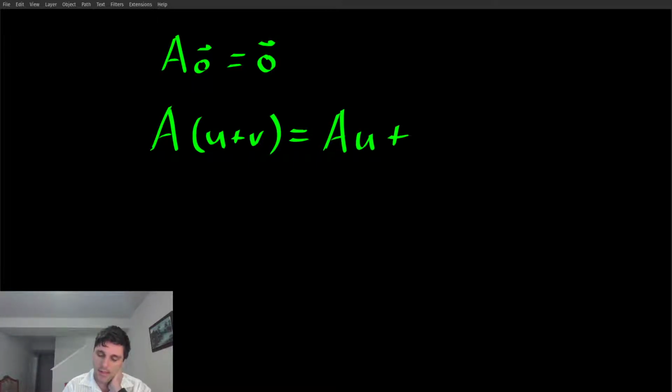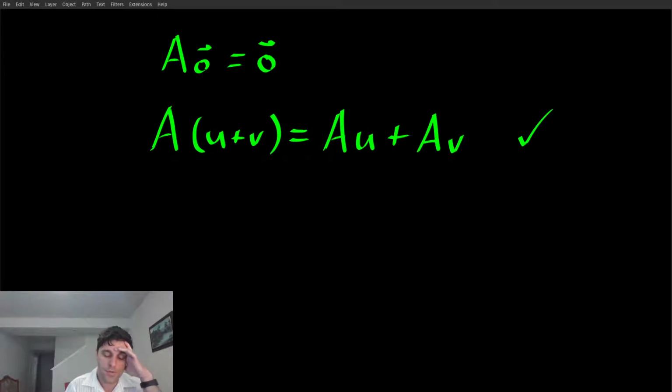It's not very difficult to prove. You get a times u plus a times v. It's almost deceptively simple. It looks like it should be trivially true because we have this distributive property all the time, so why wouldn't we have it this time as well?